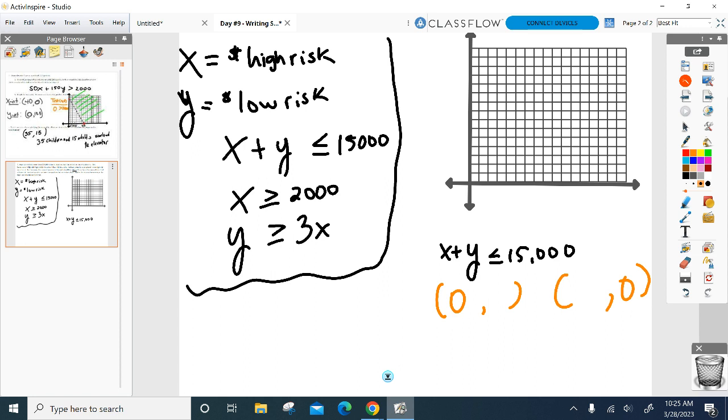For the first one, I got 15,000. Yep. For both. Everyone gets the X and the Y both to be 15,000. Problem, I don't have 15,000 units. I don't think any graph will. What do you suggest we go by? 100? 1,000? I don't think 100's going to work either. 100 won't fit on there. So we should go by thousands.